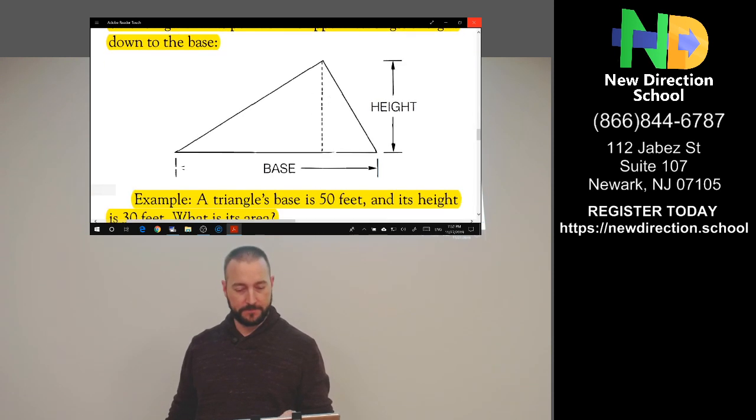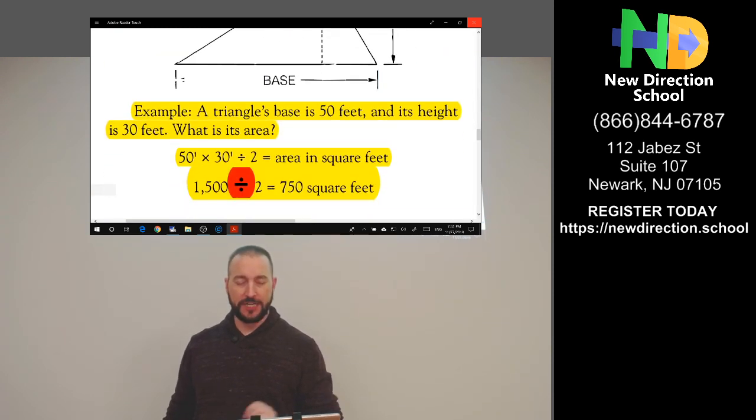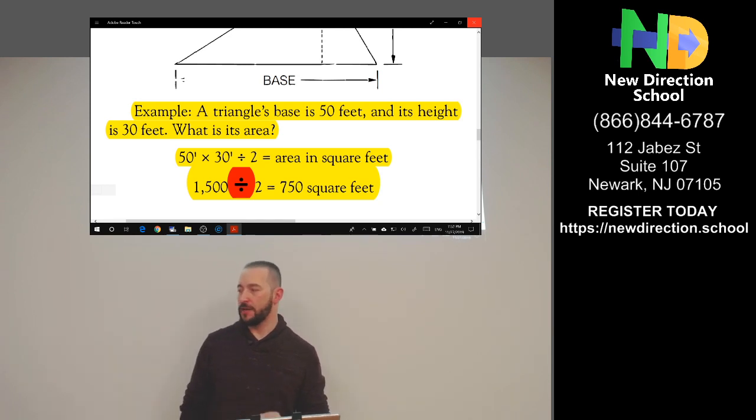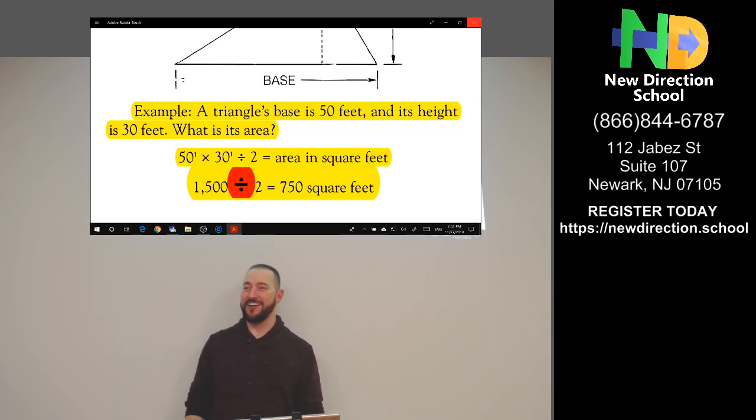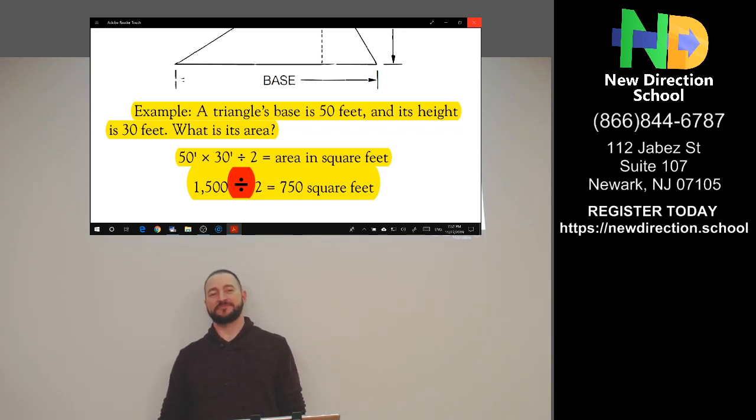For now, I just want you guys to highlight this, and I'm going to show you. You divide by 2 because it is in half. Just highlight, there's a mistake in the book, so I want you guys to correct it. There's a few, but I'll correct it as we go, always.